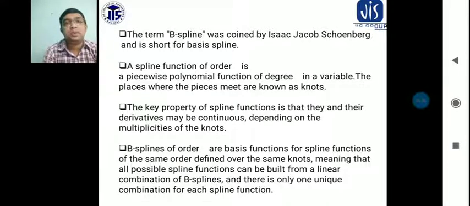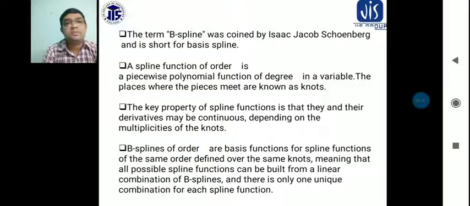A spline function of order n is a piecewise polynomial function of degree n minus 1 in a variable x. Basically, the spline function is considered like a polynomial function of that degree. The places where the pieces meet are known as knots.